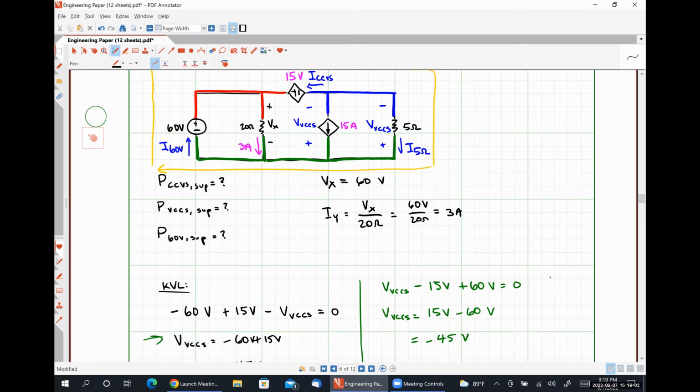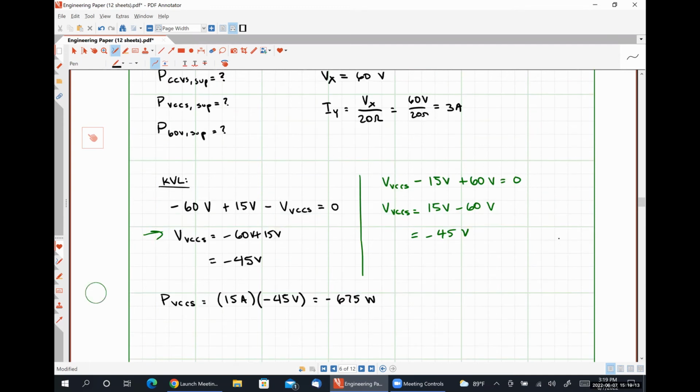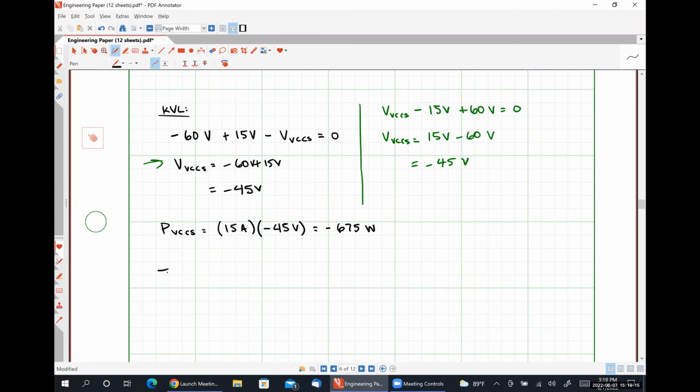Would you take the voltage you just solved for, the negative 45, and use Ohm's law to solve for the current through that resistor? That's absolutely correct. So our current of I 5 ohms is going to be that voltage drop VCCS divided by 5 ohms.